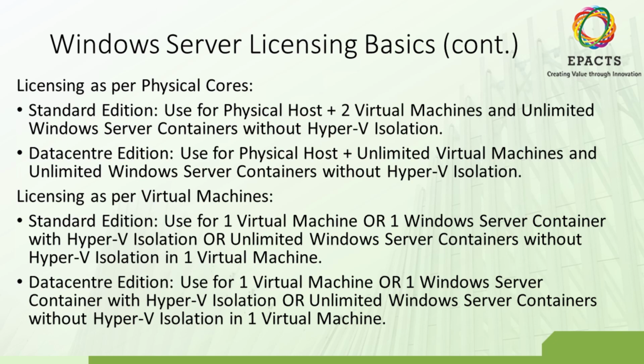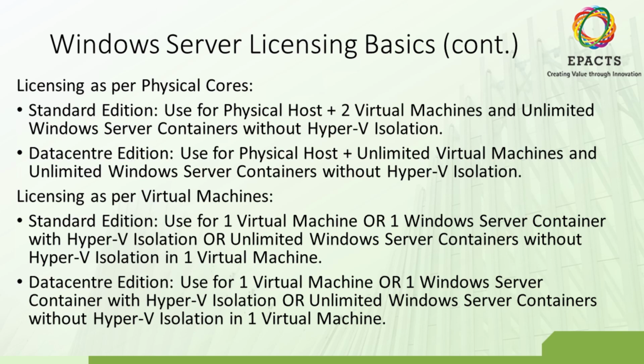Now, when you're talking about licensing in a virtual environment, if you're creating a virtual machine on any hypervisor and you only want to license that one single virtual machine, or you have an environment with mostly non-Microsoft virtual machines but you want to introduce 1 or 2 virtual machines running Microsoft Windows Server, you can go ahead and do so and license only those particular virtual machines.